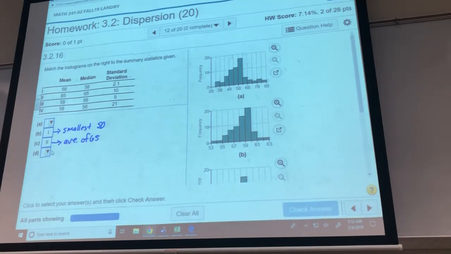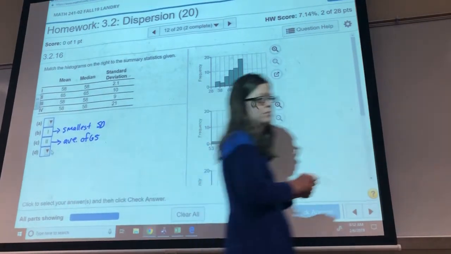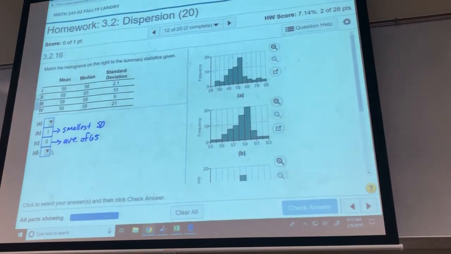All right. And then I'm going to do the same thing, but I'm going to find the graph with the largest standard deviation, which means the one with the largest range. So now I'm down to, what, A and B?